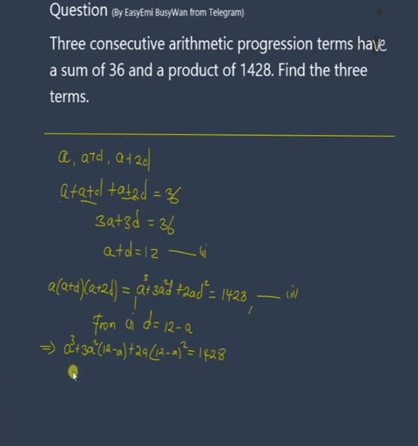When I open the brackets here, I shall have A cubed plus 36A squared minus 3A cubed plus 2A times 144 minus 24A plus A squared, which is expanding 12 minus A squared, equal to 1428.